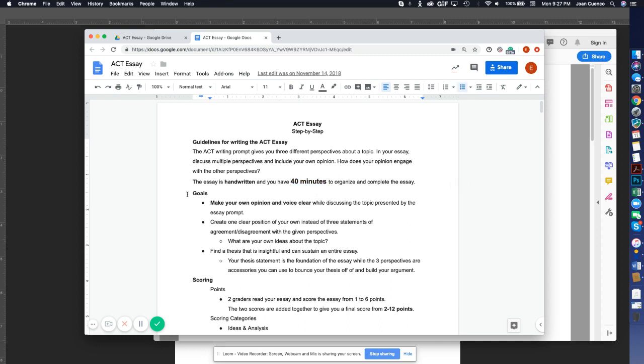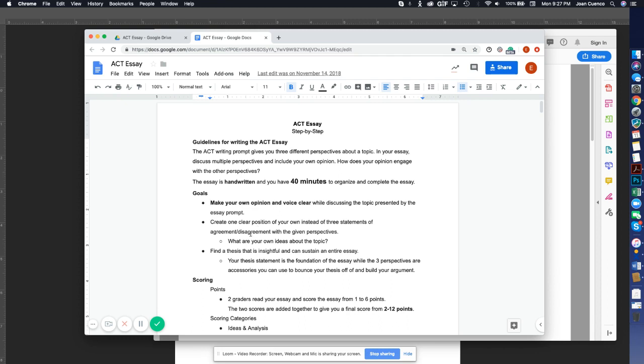So, goals: make your own opinion and voice clear while discussing the topic presented by the essay prompt. Create one clear position of your own instead of 3 statements of agreement or disagreement. In other words, don't keep it superficial.